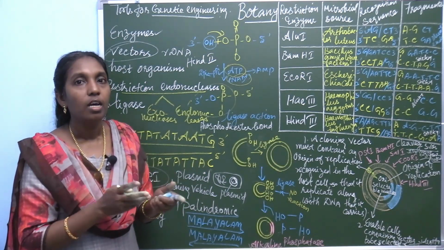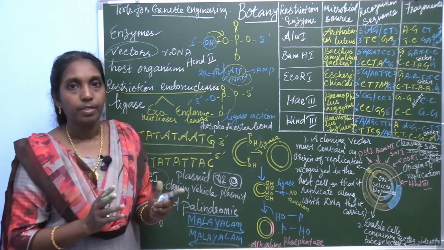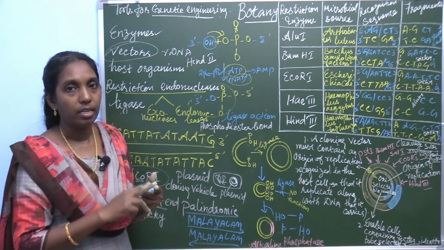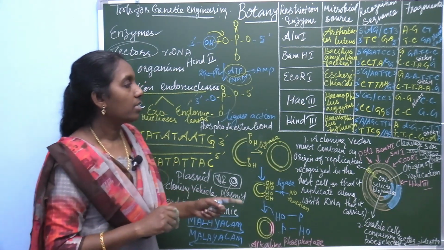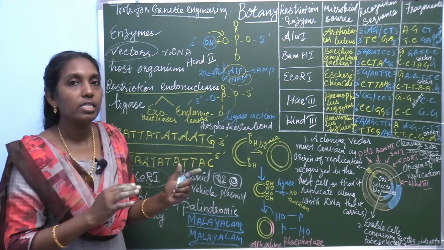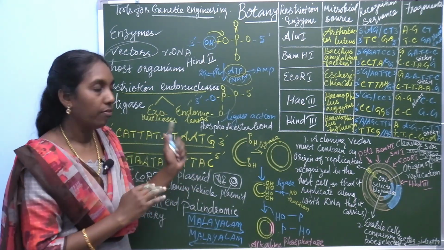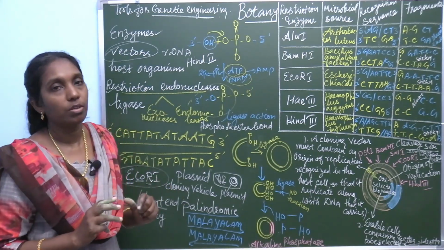It allows selectively, it permits the identification of the transferred genes and sequences. And there is a cleavage site. So, these properties are present in the vector. These three are very important features of the vector.